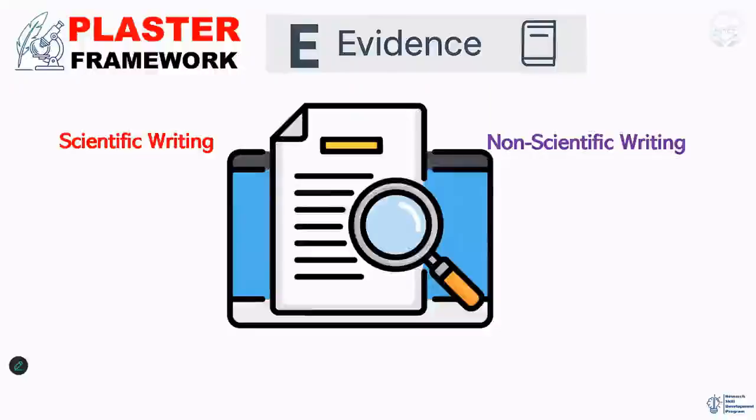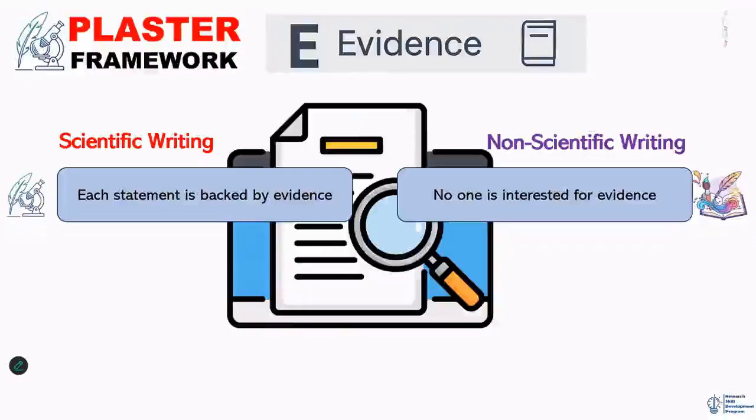Then moving further, the sixth component of the PLASTER framework is the evidence. And evidence is everything in scientific writing. If evidence is not there, scientific writing will not exist at all. So each statement is backed by evidence.